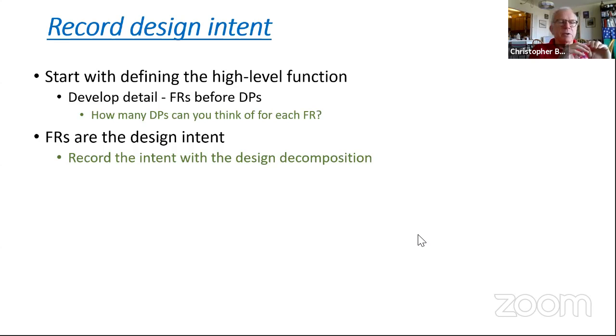We need FRs before the DPs. And every time we come to this, we need to think, how many DPs can we think of? Because then we can use the axioms to select the best. It is amazing when I work with mechanical engineers, people who've made it through high school, made it through 3 years of engineering at WPI, and we're working on their MQPs, and they need to transfer a force or a displacement from one place to another.